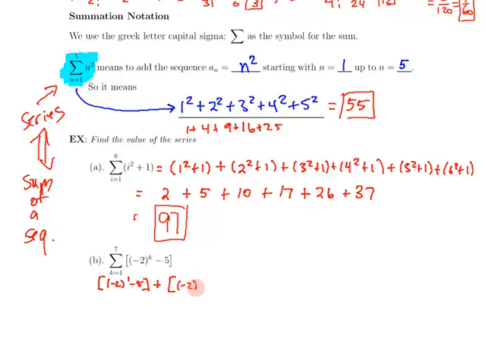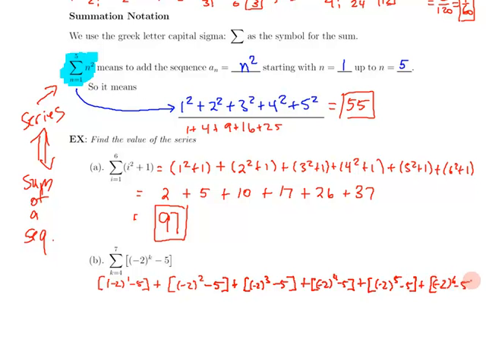So negative 2 to the second minus 5, plus negative 2 to the third minus 5, plus negative 2 to the fourth minus 5, plus negative 2 to the fifth minus 5, plus negative 2 to the sixth minus 5, plus negative 2 to the seventh minus 5. I've got to stop there because 7 is the top number.